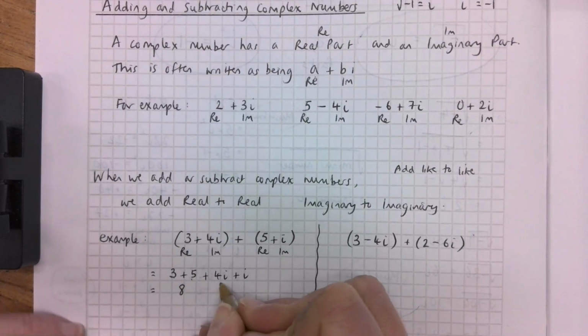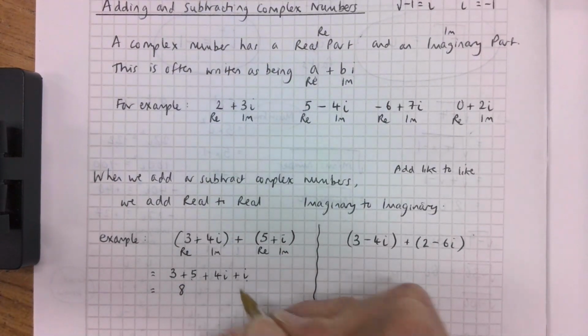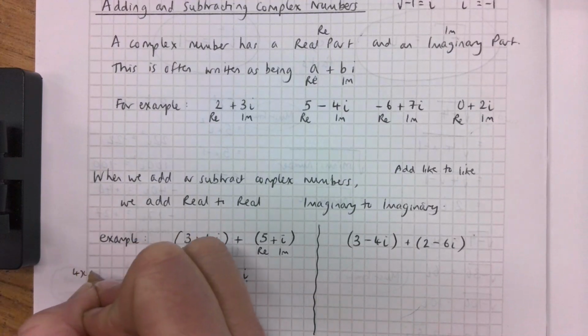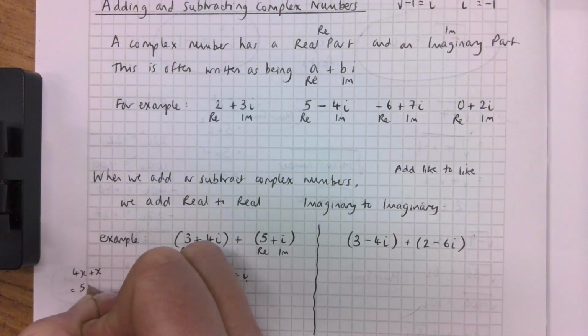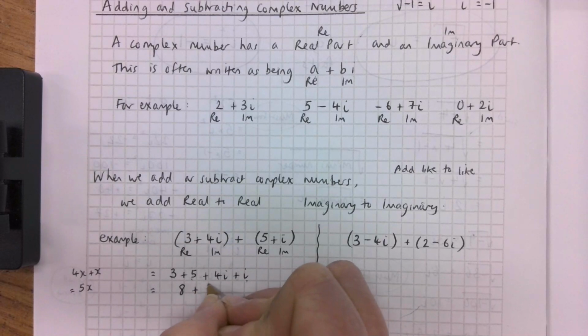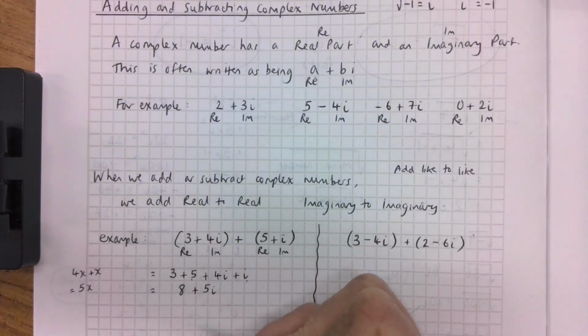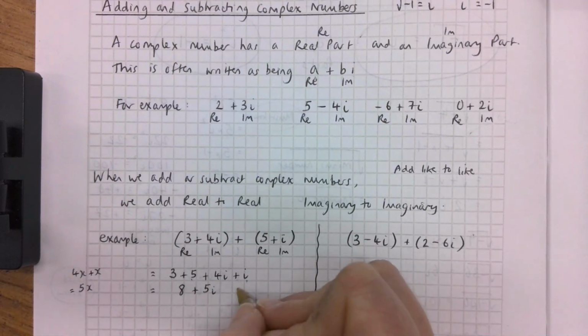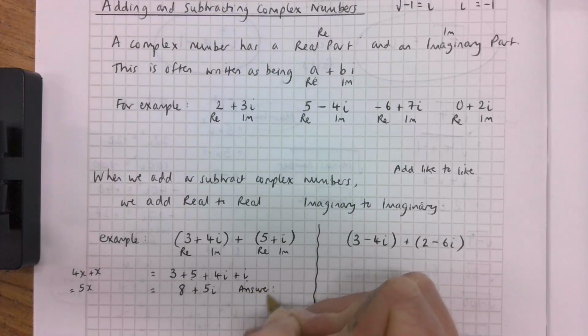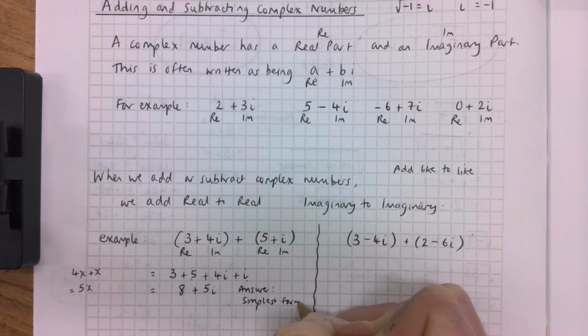And when I add 4i + i, it's like adding x's. If I added 4x and x, I'd get 5x. So 4i and i is 5i. I have 4 i's, one more i will make it 5 i's. And that's the answer. You can't go any further. It's the simplest form. Okay?